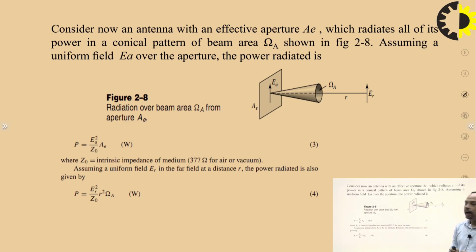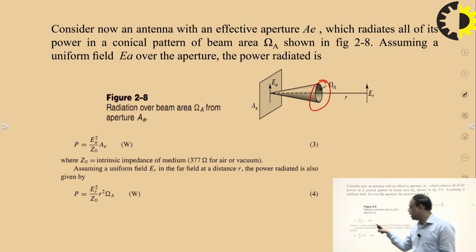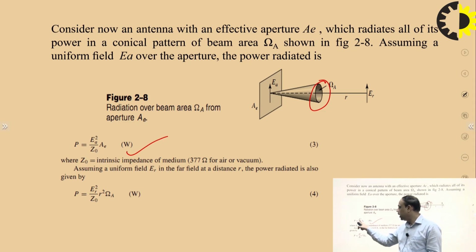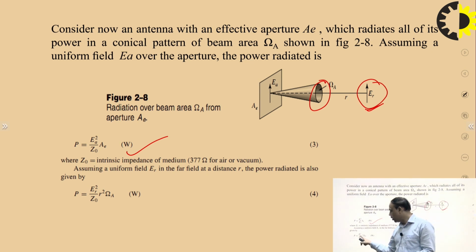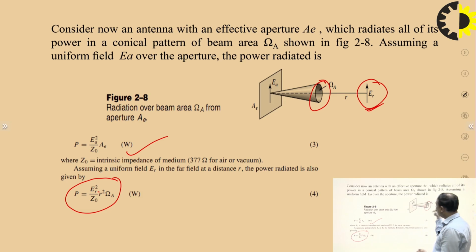Let us suppose this antenna is radiating in a beam having the beam angle omega A. The power radiated by the transmitting antenna is P equal to EA square by eta naught into AE, and the power received at this point, which has the electric field ER, is P equal to ER square by eta naught into R square into the beam area of the received signal. So, these two powers are equal.